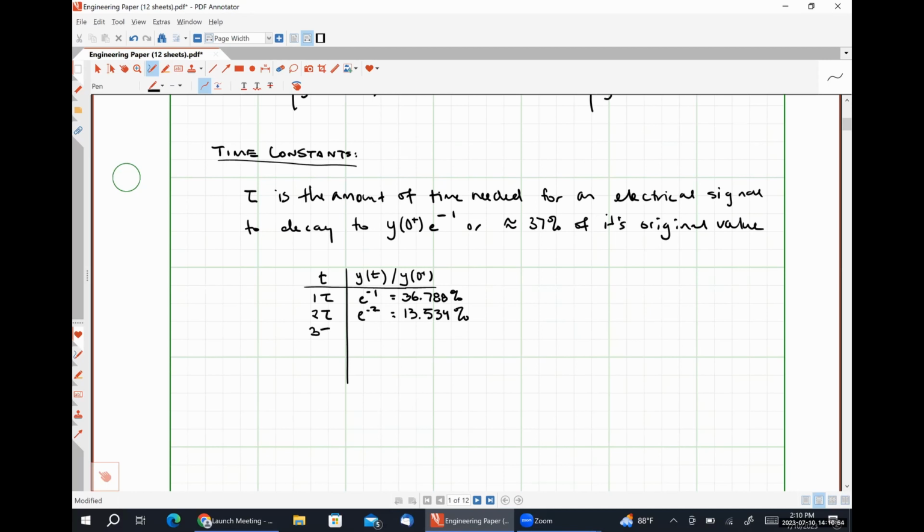In 3 time constants, we'll have e to the minus 3, or 4.979%.